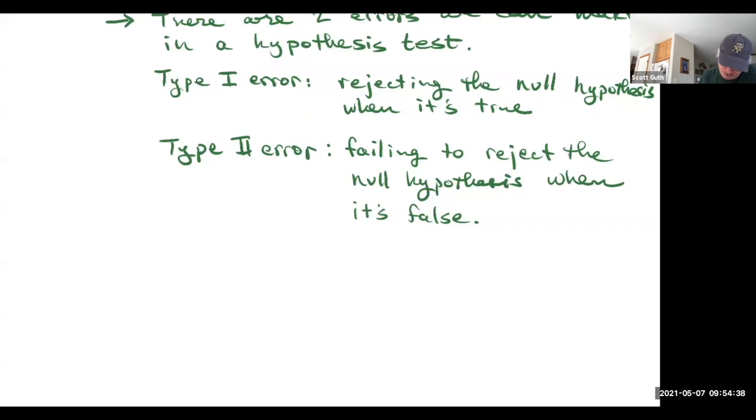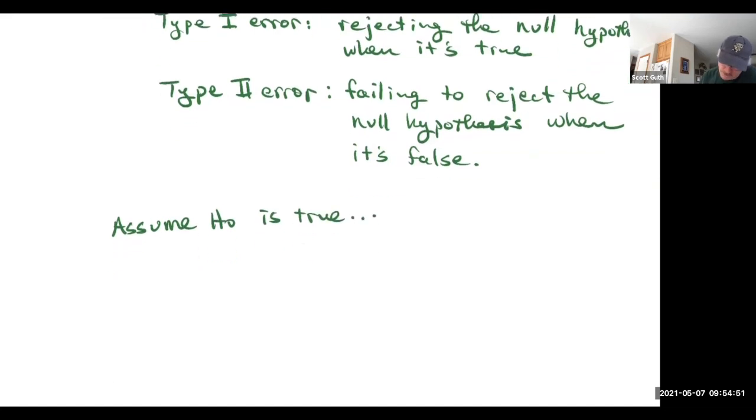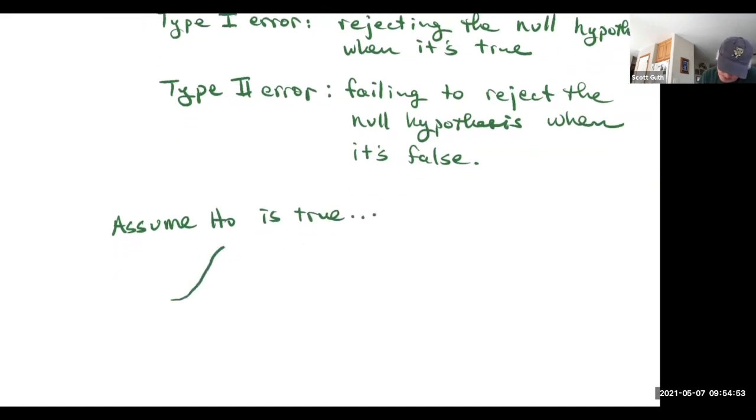Now, very simply, assume H0 is true. Assume the null hypothesis is true.